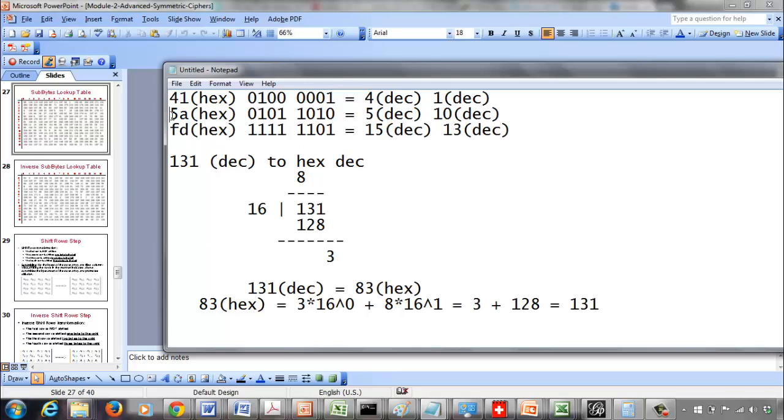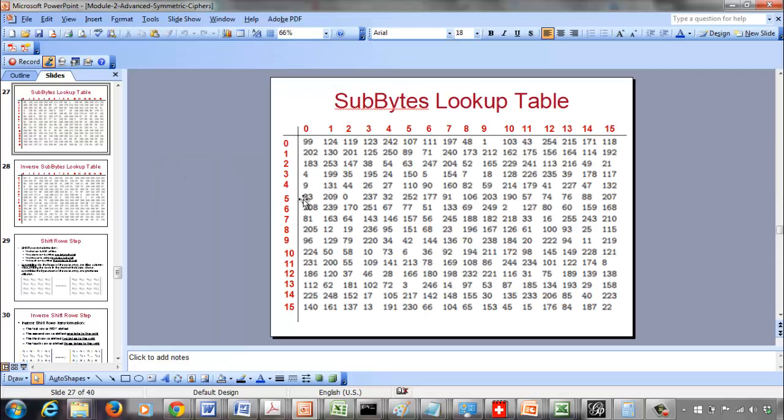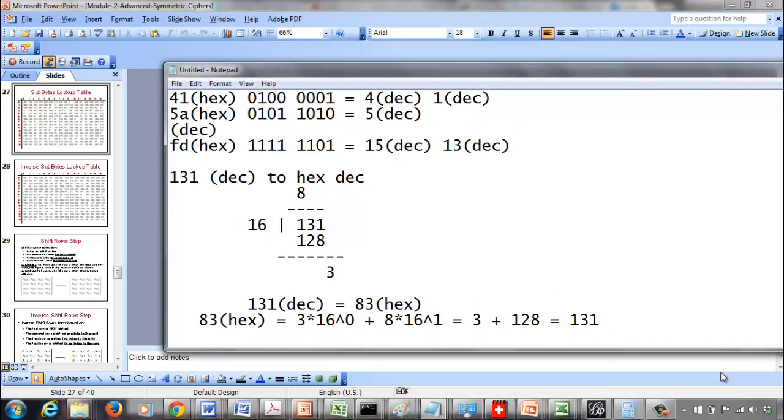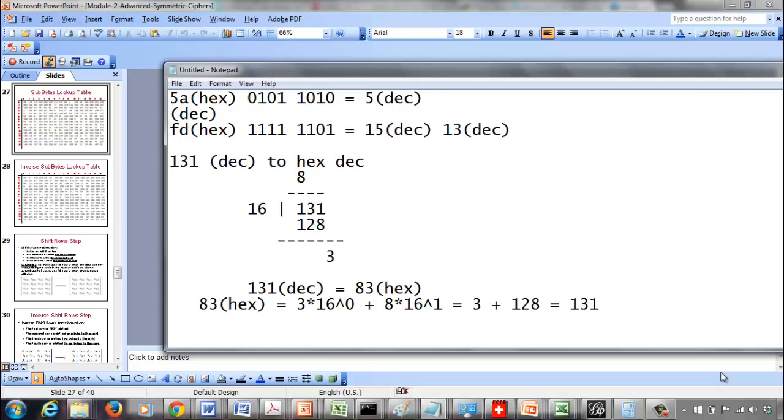If I want to substitute this byte 5A, I look for 5 in the row and 10 in the column. 5 in the row and 10 in the column gives 190. So we are going to convert 190 in decimal to hexadecimal.